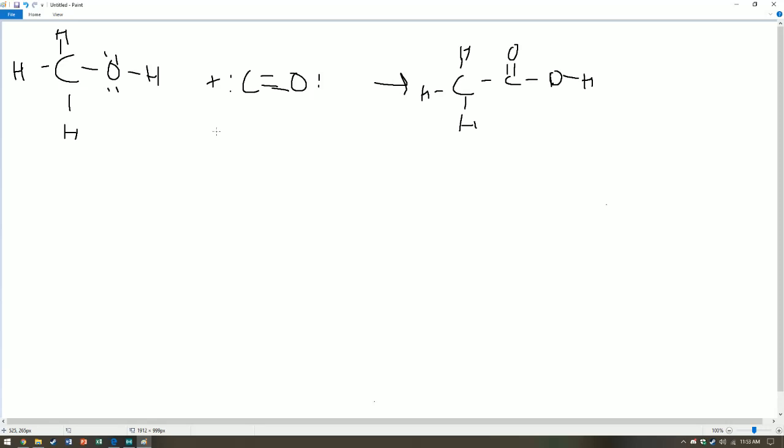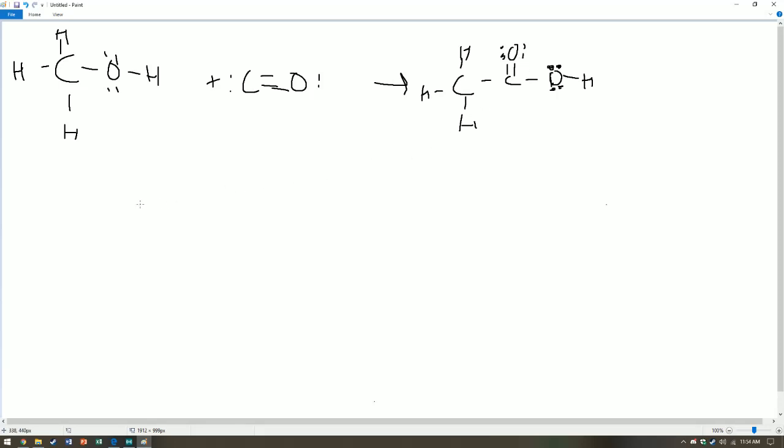First, draw your Lewis structures. This will prevent you from making silly mistakes, because you can actually see what bonds you're breaking, the bonds themselves, and how many of them. So I need to draw my lone pairs.